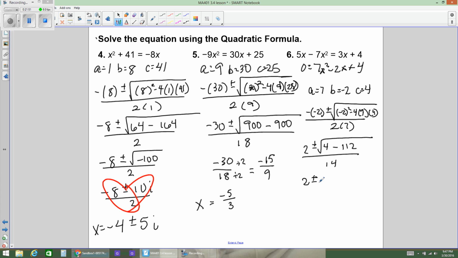So 2 plus or minus the square root of negative 108 all over 14 is 2 plus or minus i radical 108 over 14. And I bet you that 108 is going to simplify.